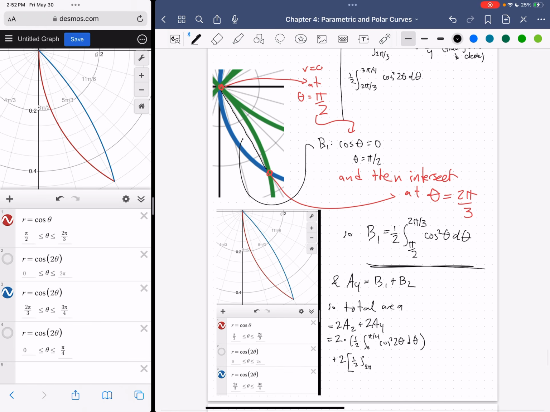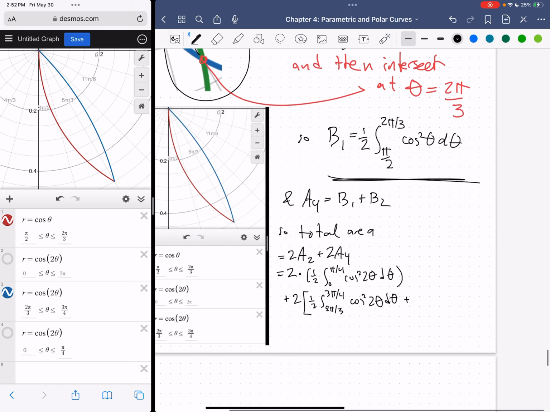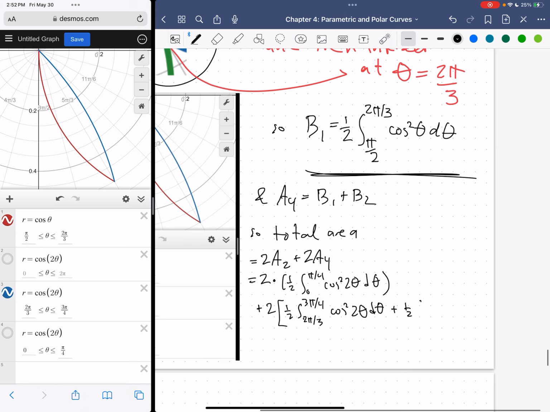So we go from 2 pi over 3 to 3 pi over 4 of cos squared 2 theta d theta, plus 1/2 integral from pi over 2 to 2 pi over 3 of cos squared theta, not 2 theta, d theta. So whatever that adds up to, that's our area.